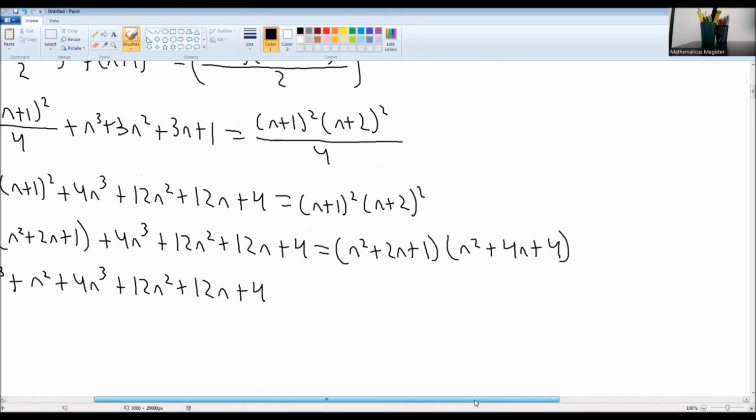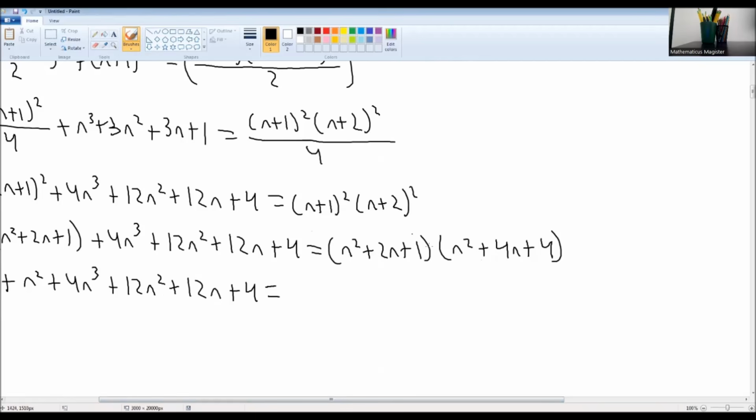And on the right hand side, what do we get? Gonna have to distribute. There's going to be 9 things in all.